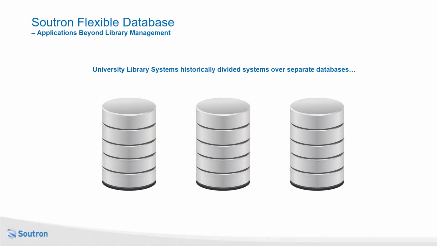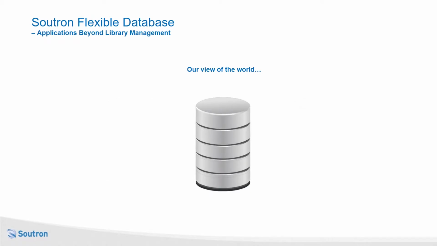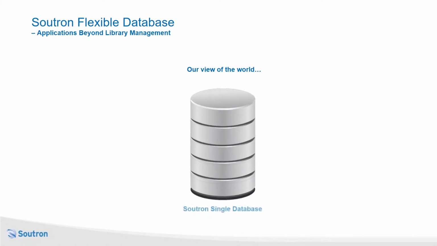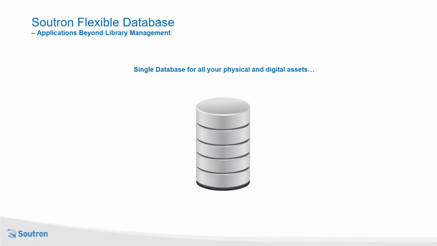Historically, university library systems have divided them into print library systems and electronic ones, Discovery, each having separate and distinct databases. Our view of the world is that a single database should be able to manage any type of data or resource, be it physical or a digital asset.